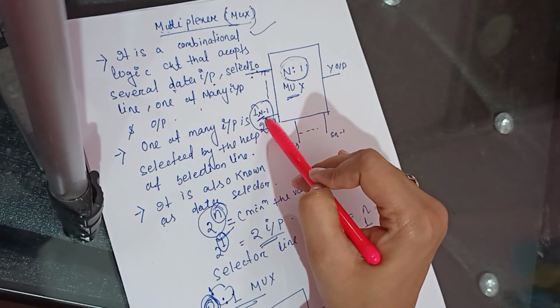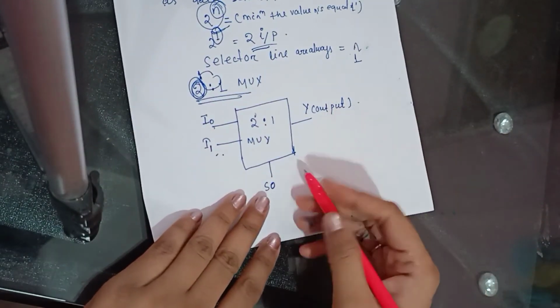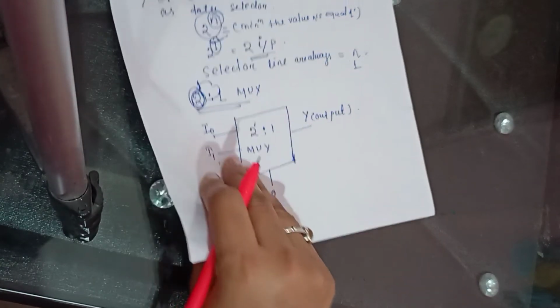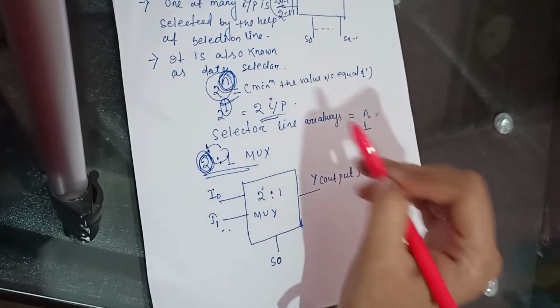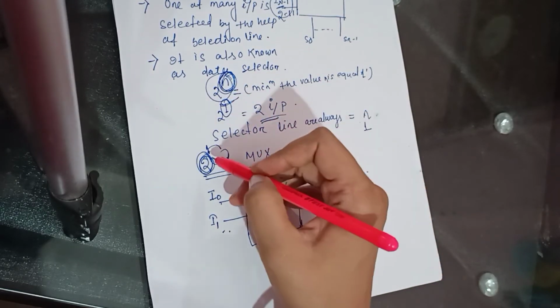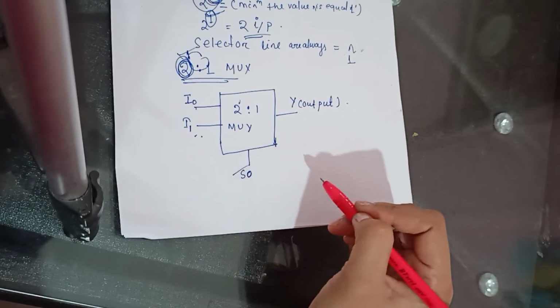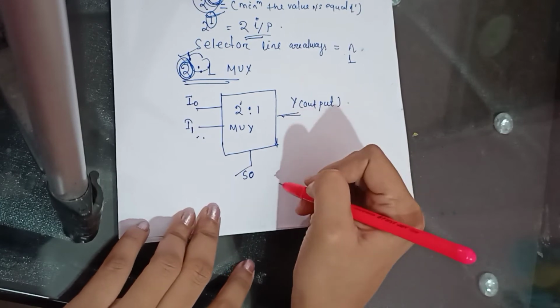Then how many select lines will be present? The select lines depend on the value of small n. What is the small n value here in the 2 to 1 mux? It is 1. So here the select line is S0, one select line. Clear? And this is your output.